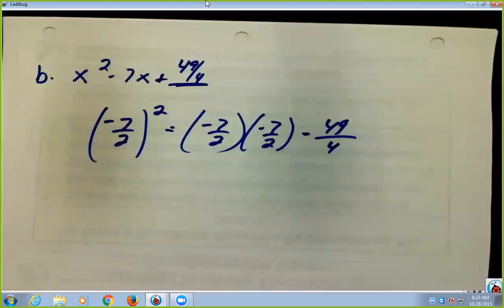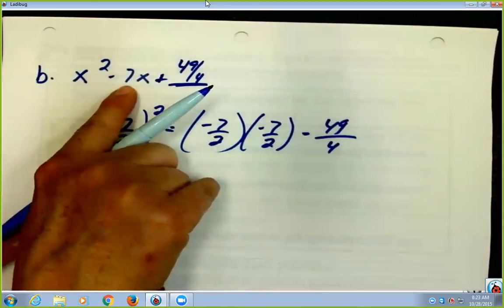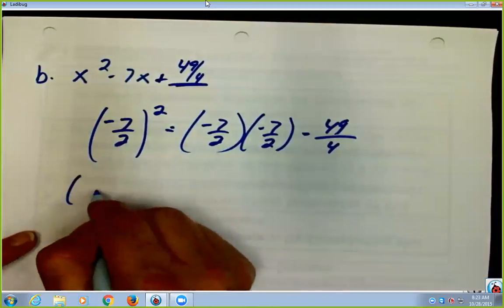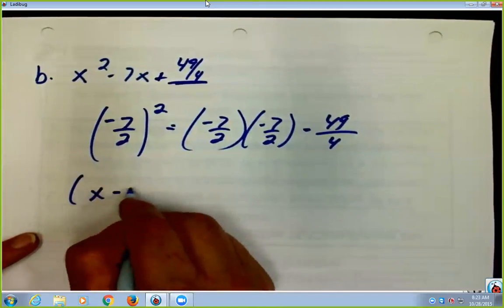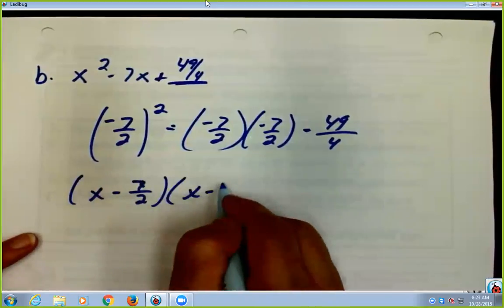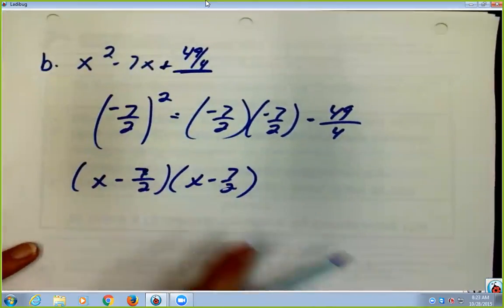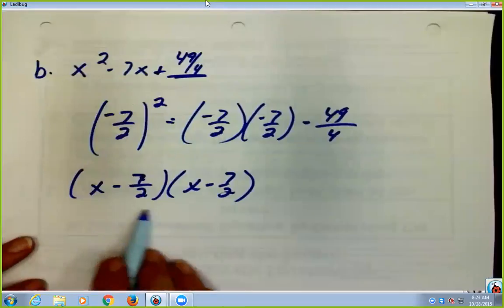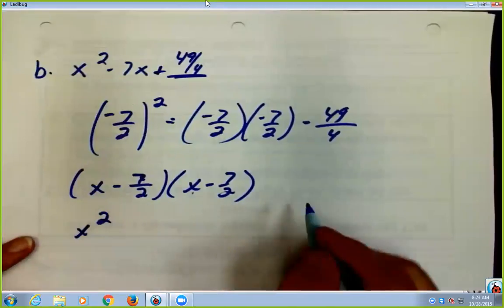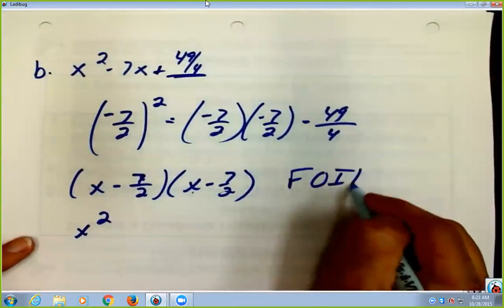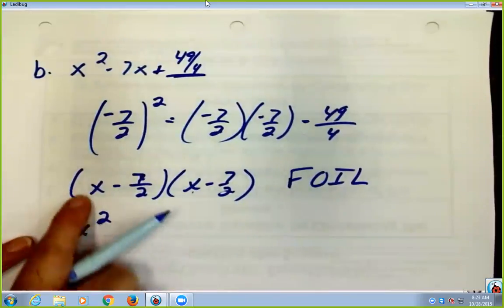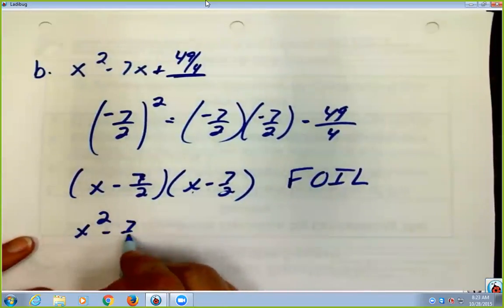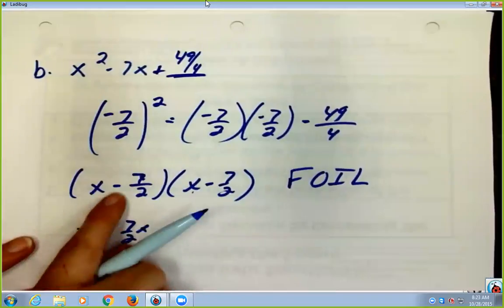And so that's kind of the piece. Now, how do I get that 7 back in the middle? So if I factored this, it would be x minus 7/2 times x minus 7/2. So how does 7 come back? So x times x is, of course, x squared if I FOIL. X times that is a -7/2 x.